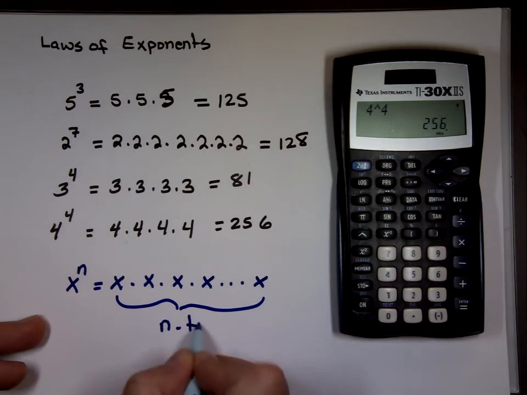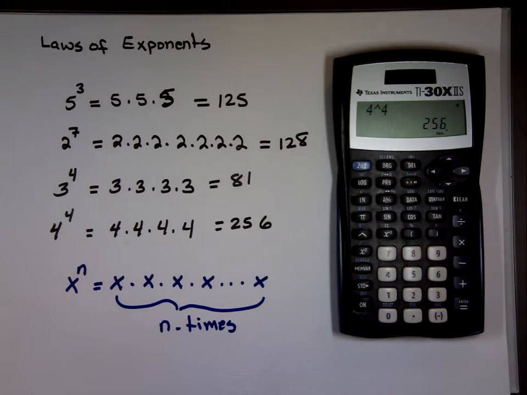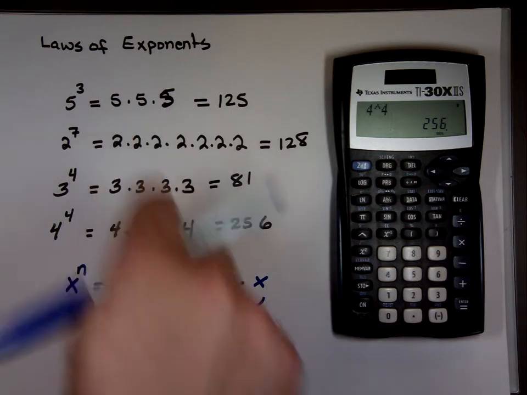N times. You multiply x by itself whatever that number is. X could be any number. So that's the first law of exponents.